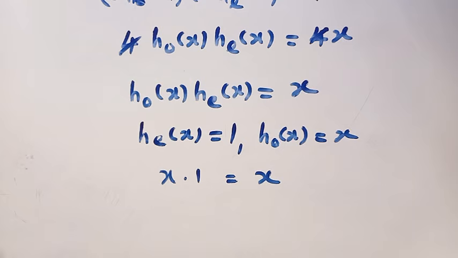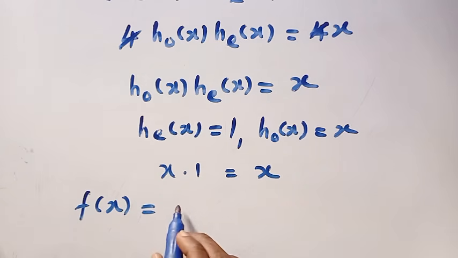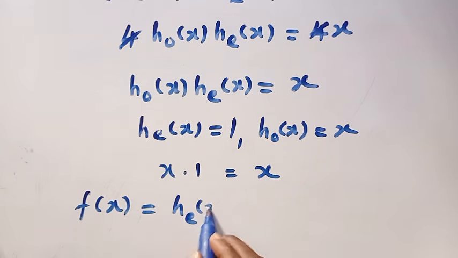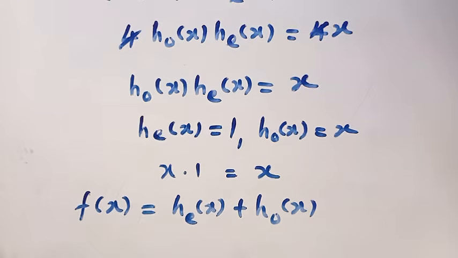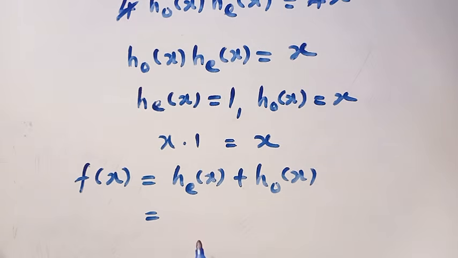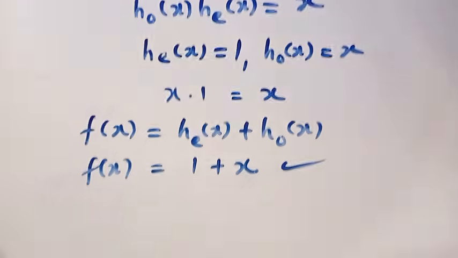We recall that f is the sum of even and odd, so f(x) equals h_e(x) plus h_o(x). Substituting, the even is 1 plus x, so f(x) equals 1 plus x is one of the solutions we can have here.